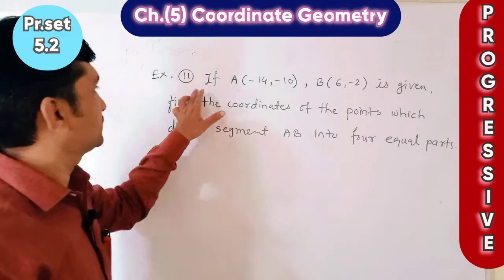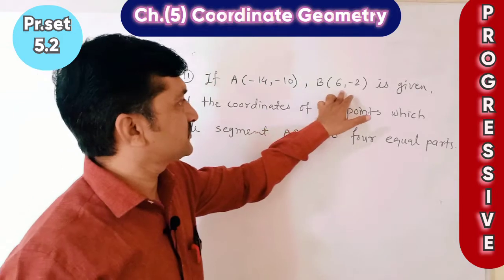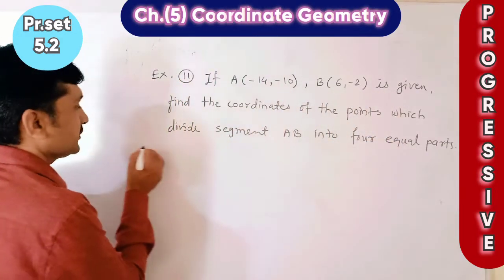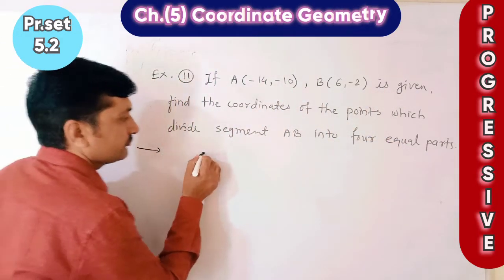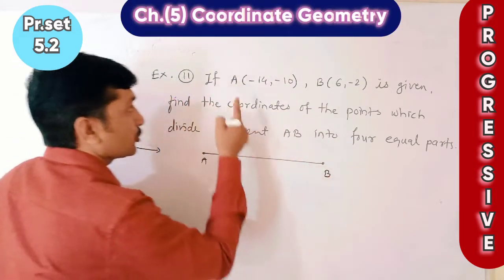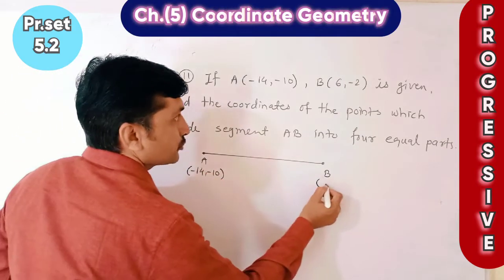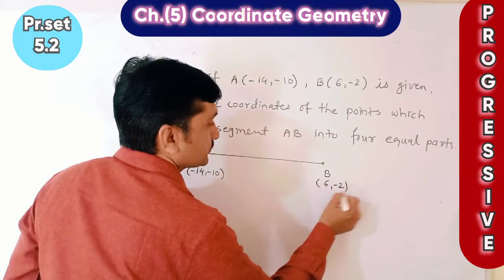Example number 11. A (-14, -10) and B (6, -2) are given, which is a segment. Let's draw a figure and we will understand it. Segment AB, the coordinates of A are (-14, -10) and the coordinates of B are (6, -2).